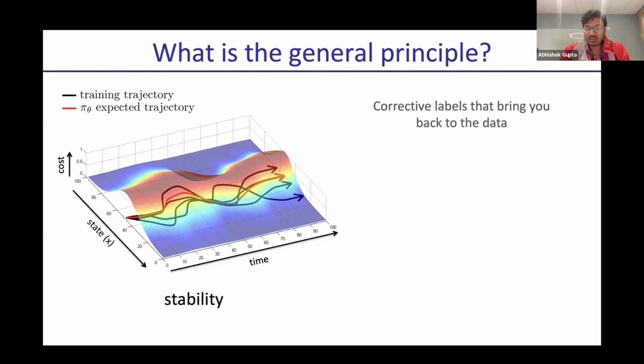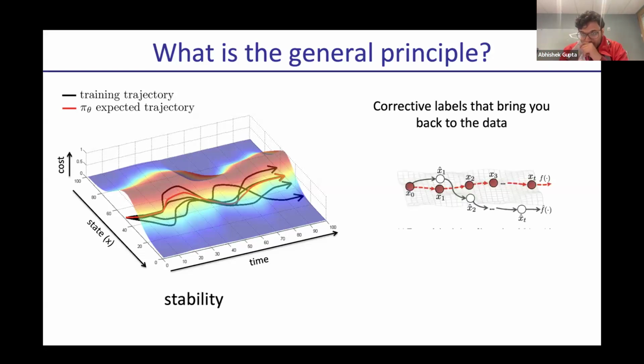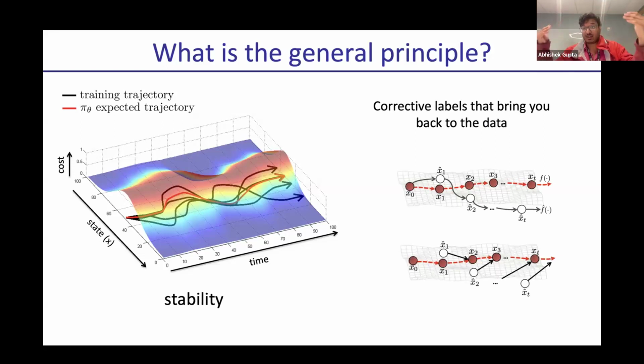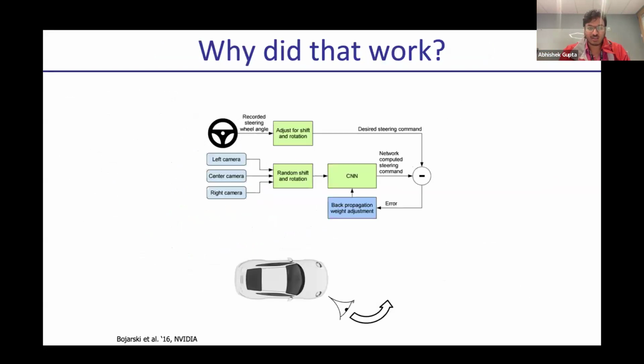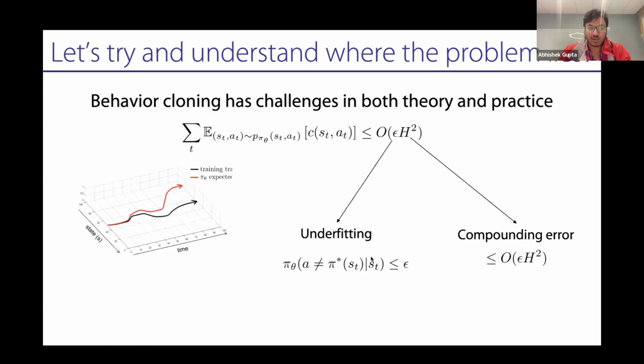Essentially all of the things that have been successful try to take these out of distribution trajectories and provide either corrective labels or corrective policies or this clever data augmentation that brings you back in distribution. If you recall what happens with behavior cloning, if you fall off the cliff, you never come back, right? So if you recall what we had with our figure over here, right?